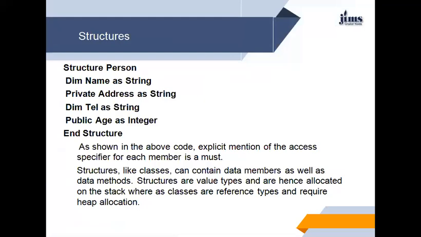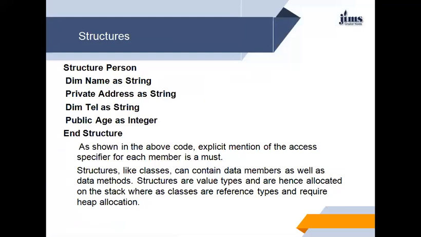Dim name As String, Private address As String, Dim telephone As String, Public age As Integer, and End Structure. It starts with Structure Person and ends with End Structure. This is the syntax of declaring a structure. So here you are seeing the explicit mention of the access specifier is necessary.